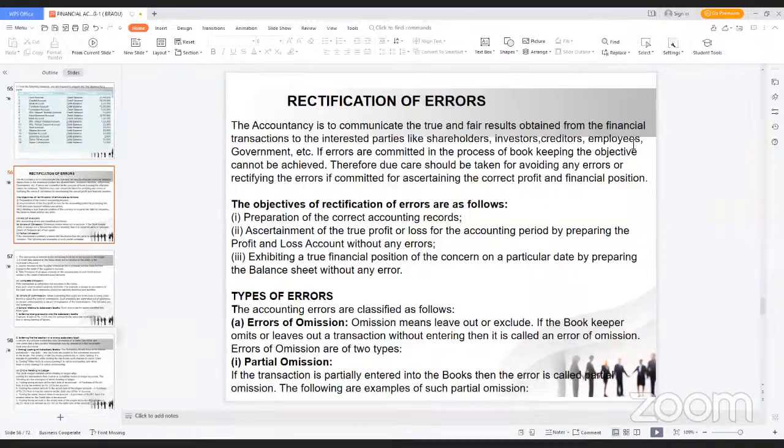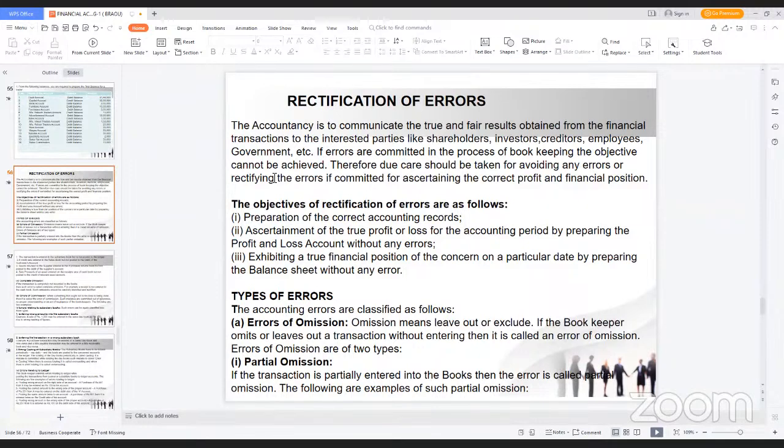Yes. So here, if errors are committed in the process of bookkeeping, the objective cannot be achieved. Therefore, due care should be taken for avoiding any errors or rectifying the errors if committed, for ascertaining the correct profit and financial position.